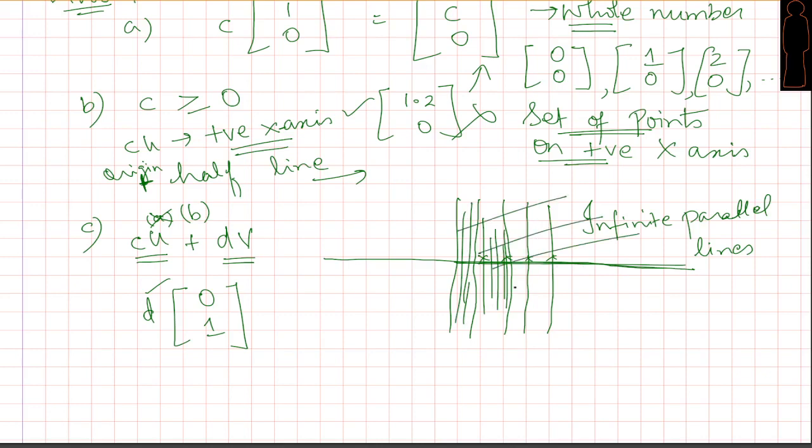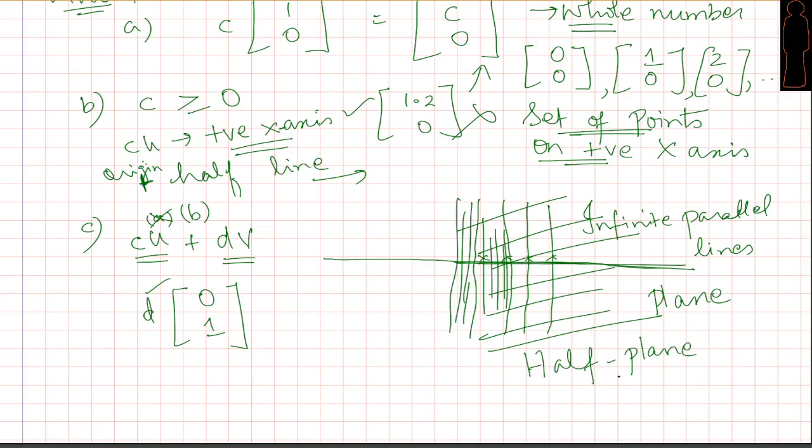We get this entire plane. Now what plane is this? This plane is the half plane. Okay, we cannot call it the complete plane because it's not the complete xy plane, but we are getting a half plane of xy where x is greater than or equal to 0, and that is the description of Cu plus dv when we use the Cu from case B.